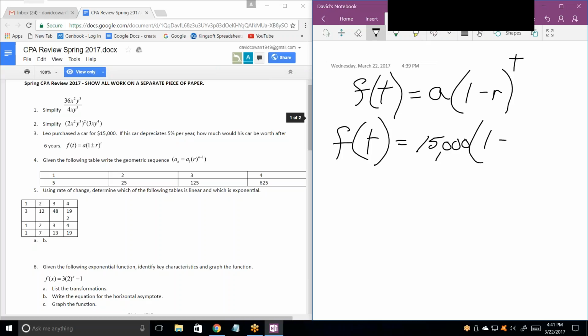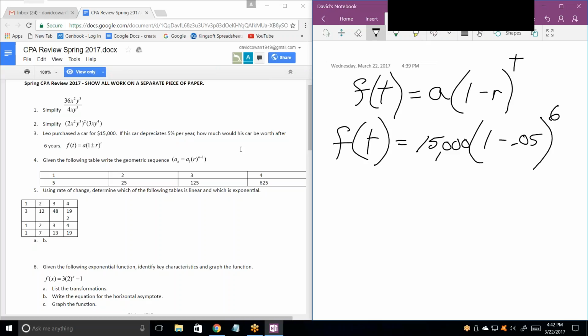Now, you never use percentages in equations, or at least I don't. So I'm converting that to a decimal. 5% is the same as 0.05. T is what? T is 6 years.